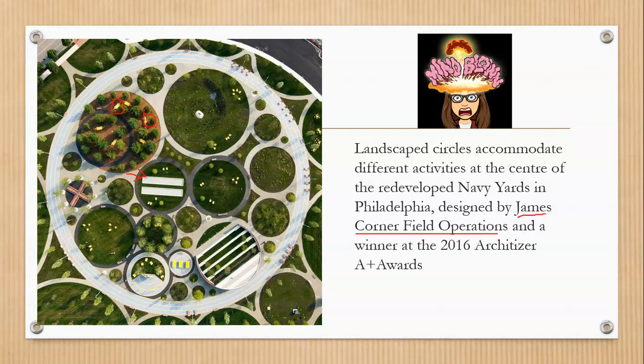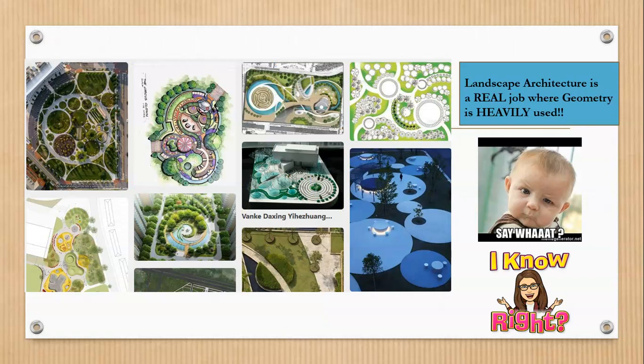And if that's not mind-blowing enough, it happens all across the world, not just this one park. It happens with water and grass and plants, and these ones are drawings, obviously. But we do have real diagrams, real pictures of places where this actually occurs. So I just think that's really cool.